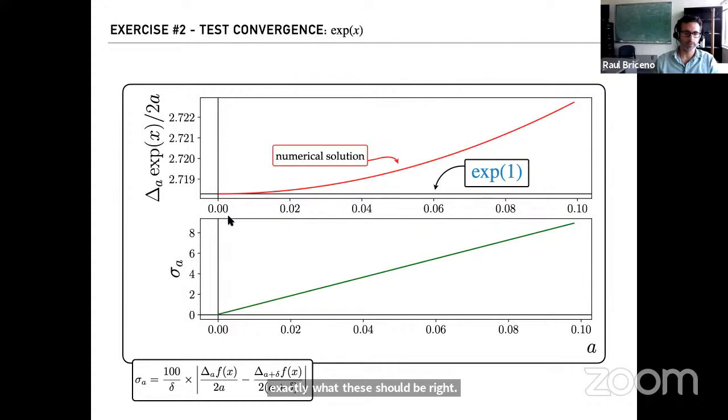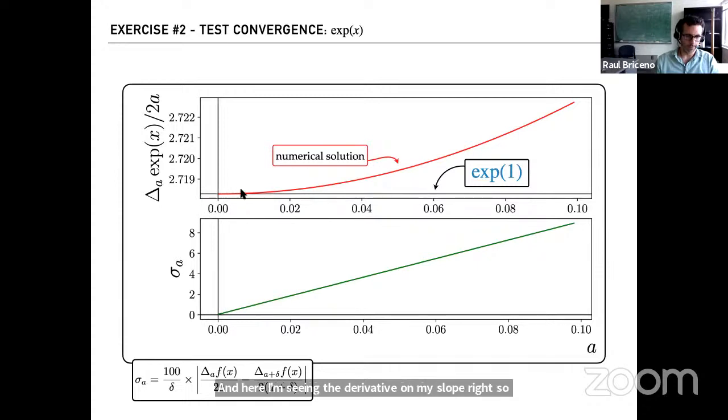So here's my results. I'm getting the numerical derivative of the exponential divided by 2a, okay? And here, what I'm plotting on the horizontal axis is a, and here I'm seeing the derivative, the slope, right?